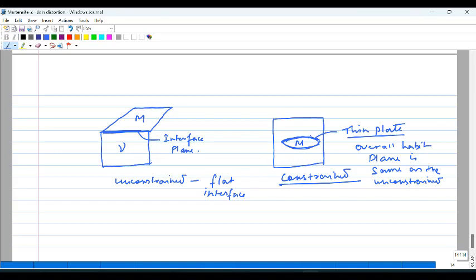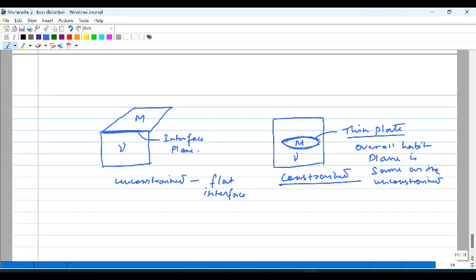It is this plane going into the plane of the paper. Surrounding is austenite. We are going to talk about that as to why, if it takes a thin plate kind of morphology, how does it reduce the strain? We are going to see that. But for the time being, just understand that if it takes up a geometry like that, the strain is going to reduce.